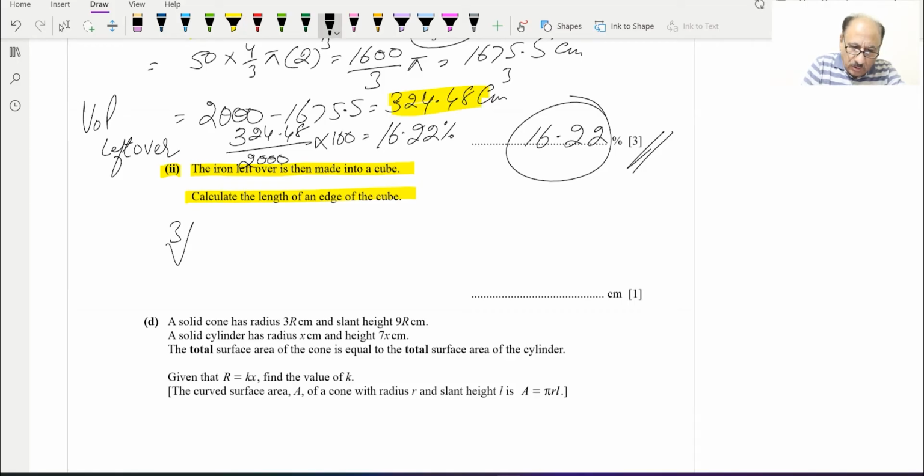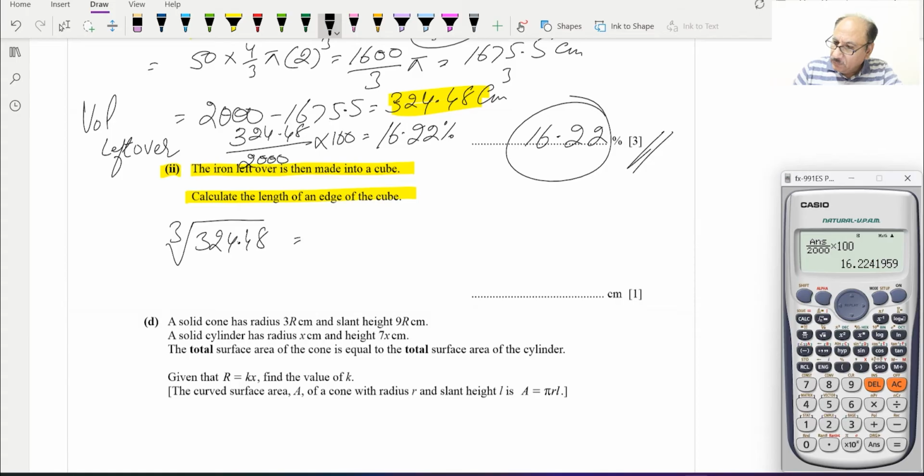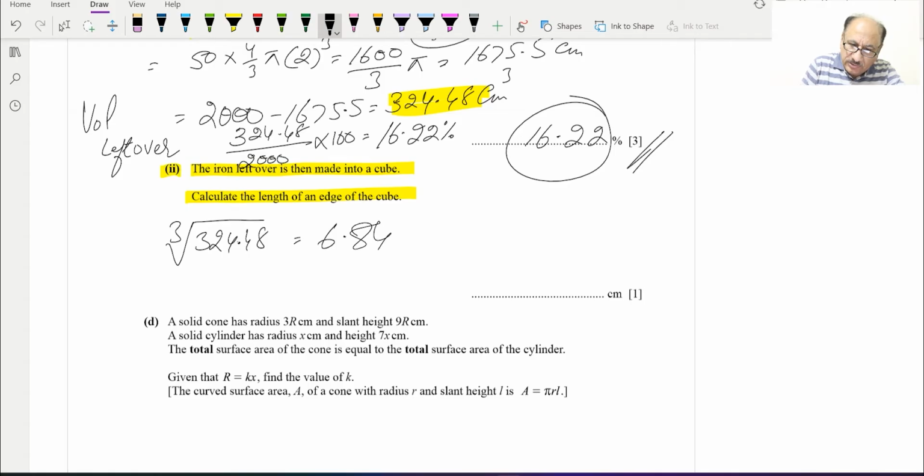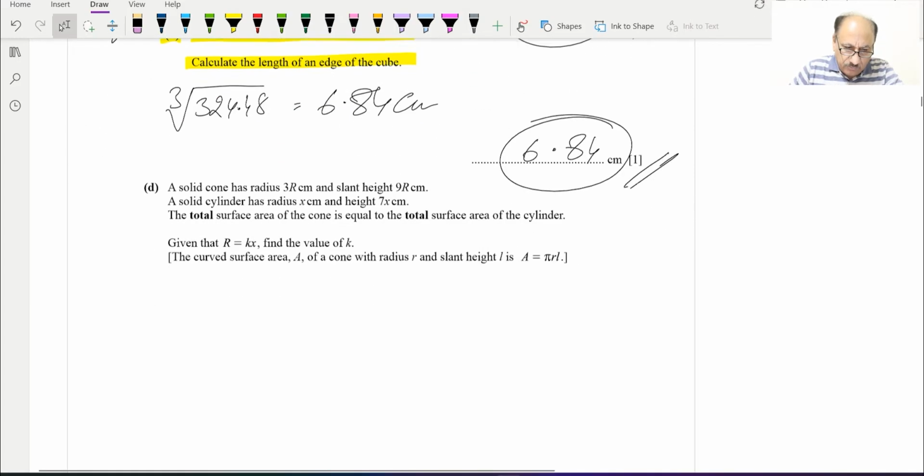So the cube root of 324.48 is equal to 6.87. This will be the length of an edge, so centimeters will be the unit, so 6.87 will be the final answer for 1 mark. So hopefully you got this.